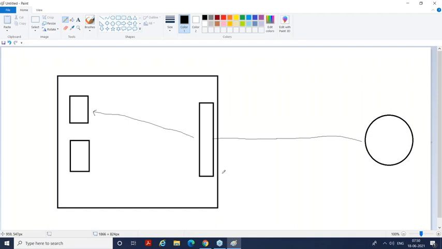Now, when I talk about your WAF, web application firewall, understand very clearly: if the WAF is enabled, before traffic can reach that server, it will do entire packet inspection.